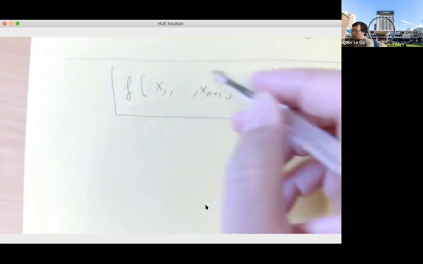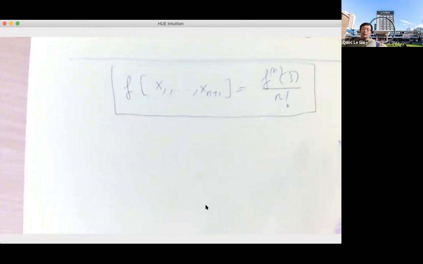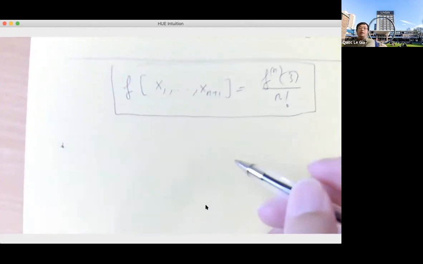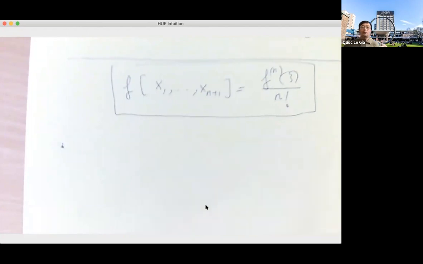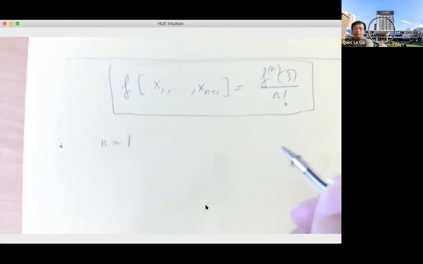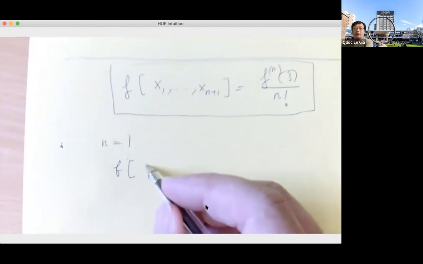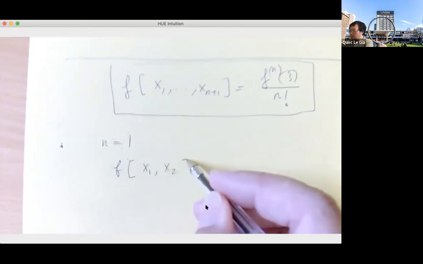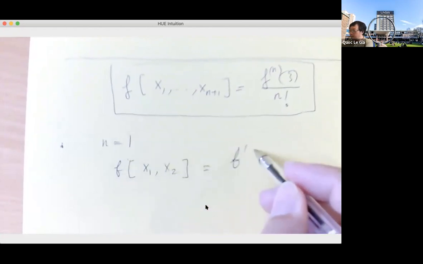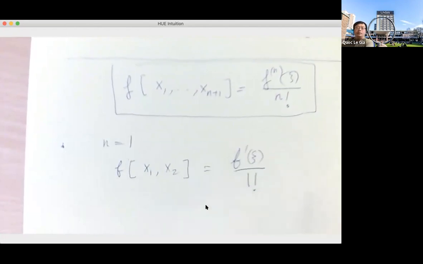So how do we prove this? Maybe let me take a very simple case. Before we try to prove it, see whether it's true or not, because if it's not true, what is the point of trying to prove it? So suppose I take n equal 1. Then I get f[x1, x2] equals f prime of xi over 1 factorial. What is the divided difference over 2 points?